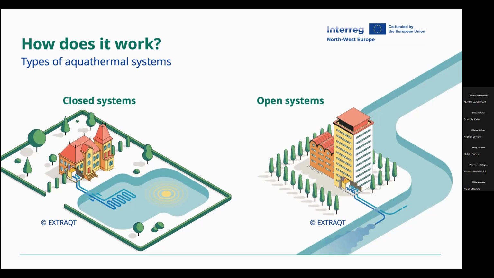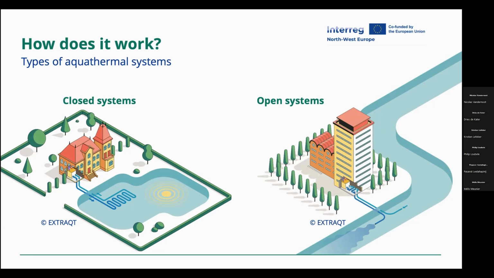So closed loop system means that everything is closed. We have a heat exchanger which is installed in the water body itself and is connected directly to the housing or to the facilities. In case we talk about an open loop system, at that moment, we are extracting water from the water body.